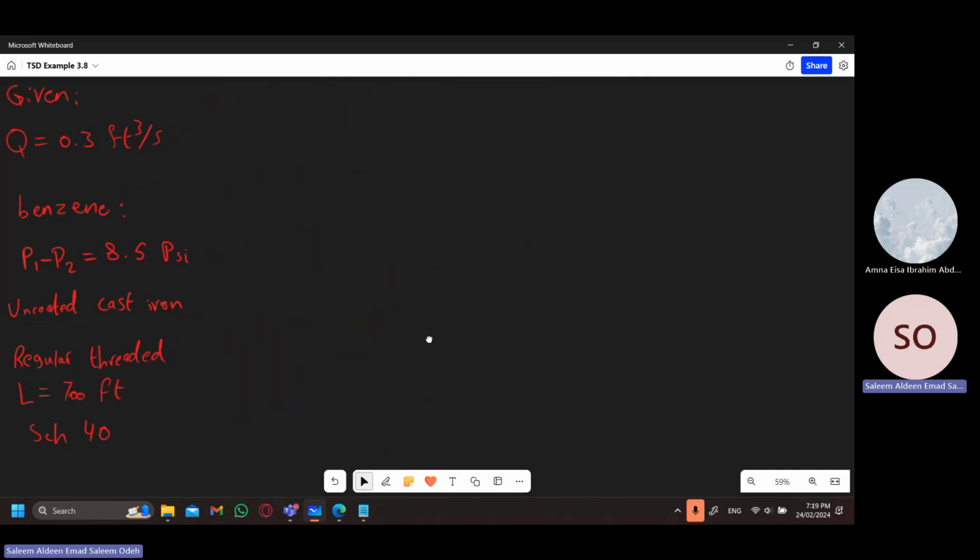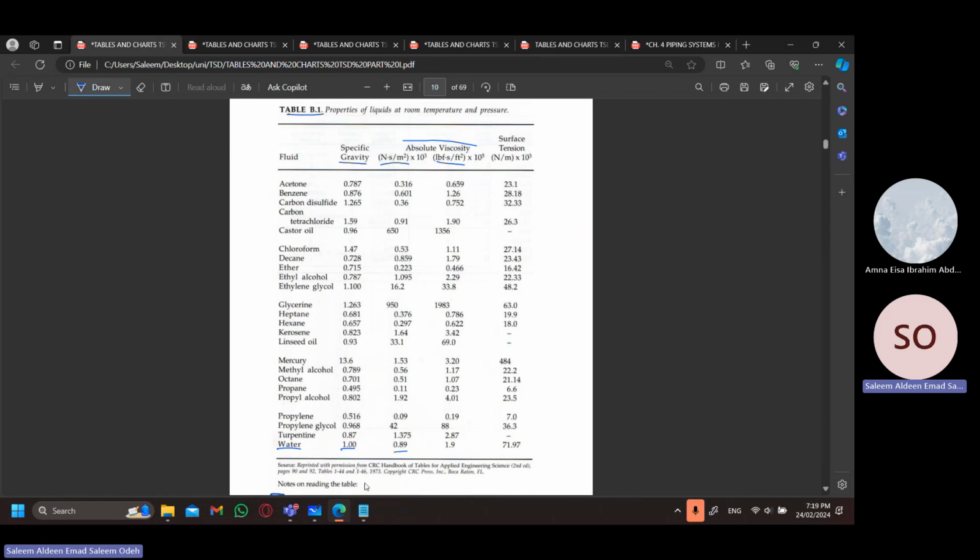So let's start off this question the same way as last time. We have benzene. Out of that, we could find the density and the viscosity. If we go to the tables again, benzene is right here. Specific gravity of 0.876, an absolute viscosity of 1.26 pound force second per foot cube. Now this question is not using metric units, it's using American units. So we'll be making sure to use these type of units from the tables.